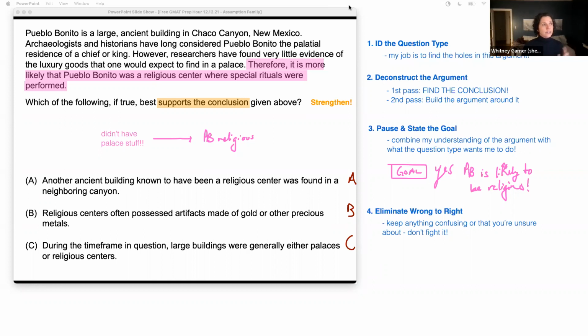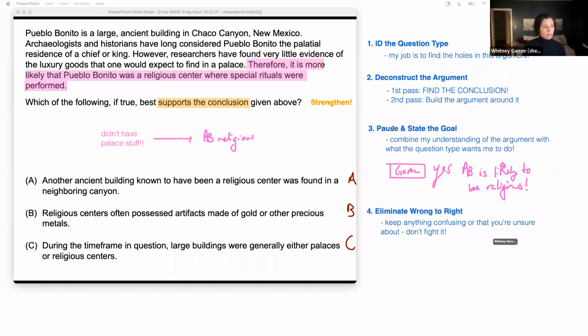So let's start to now track what are common wrong answer types for this world of strengthen, weaken, assumption, and evaluate. One of the most common in this family, especially for strengthen and weaken, is the opposite.